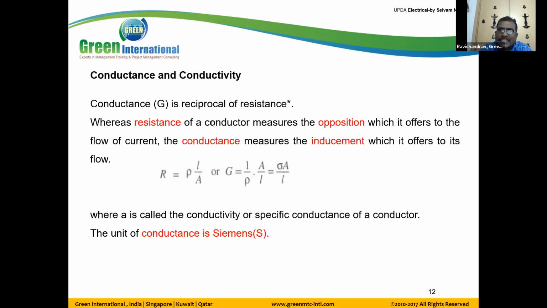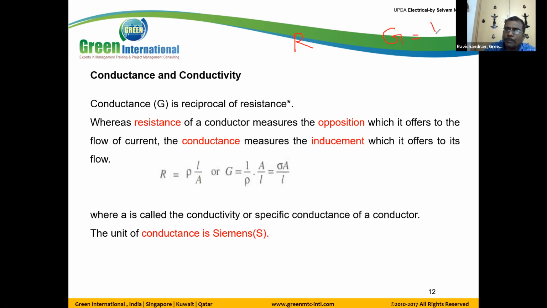In the previous slide, we discussed resistance and resistivity. In this slide, we discuss conductance and conductivity. Conductance we call G. The symbol for resistance is R, the symbol for conductance is G, which is equal to the reciprocal of the resistance.